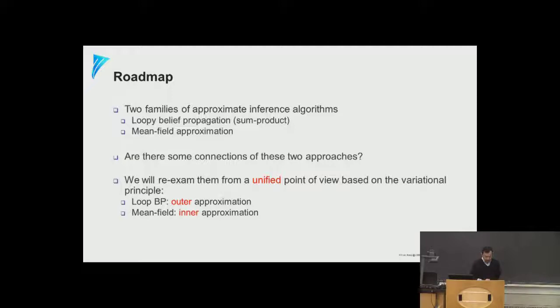And I'm going to establish some concepts that give you a more unified viewpoint, based on the variational principle and how the Loopy BP and the mean field are related. In fact, they are just two ways of approximating the same optimization problem as we are going to talk about.